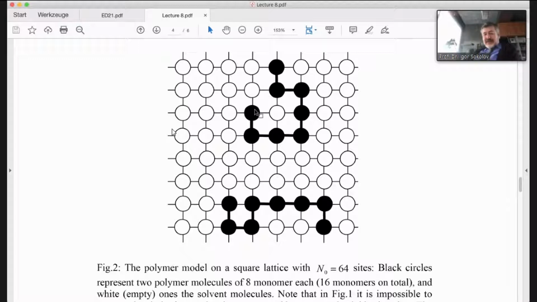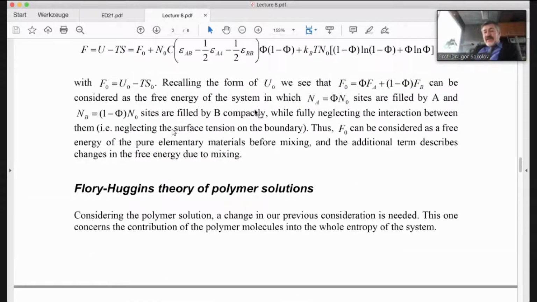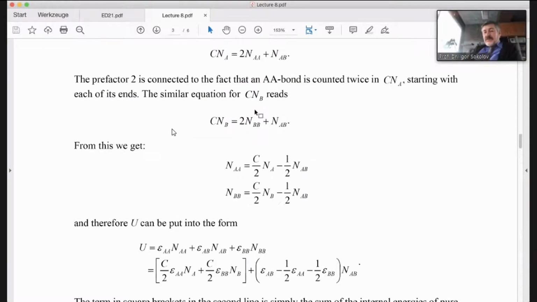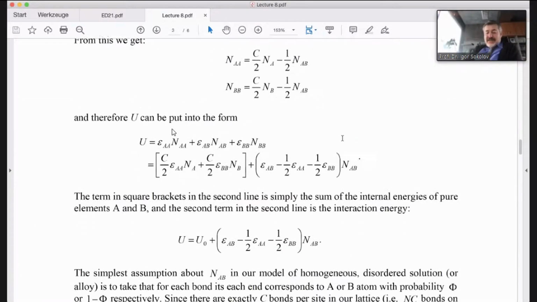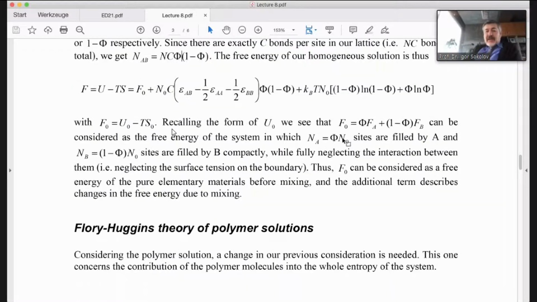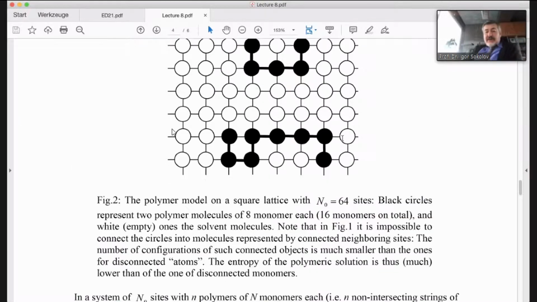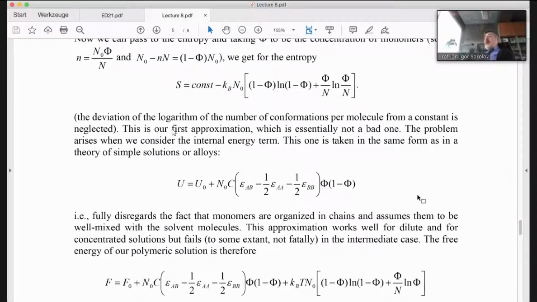And in the other sense, we consider them as essentially the assemblies of loose monomers, like the bags of monomers, not like the monomers on the chain. And we put down the same expression for the internal energy.